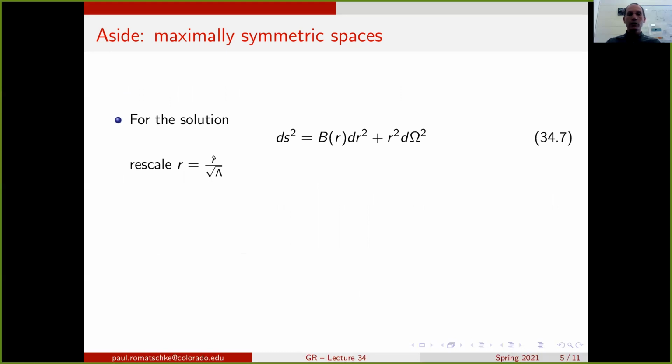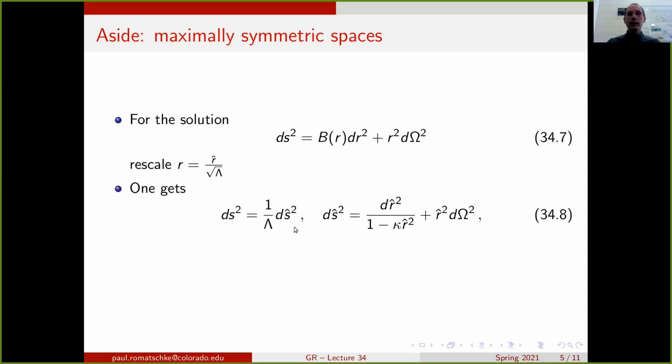So now that we have the solution, we can write it in a slightly more standard form. The way to do this is that we introduce a scaled radius r hat by rescaling the normal radius as r hat over the square root of lambda. If we do this, then we find that the line element is given as 1 over lambda, so a constant, times the scaled line element, and the scaled line element takes the following form.